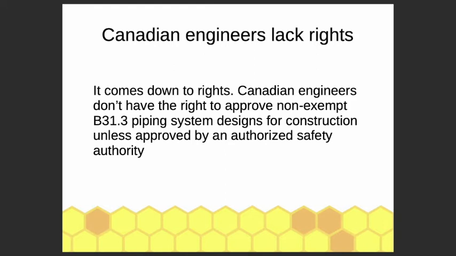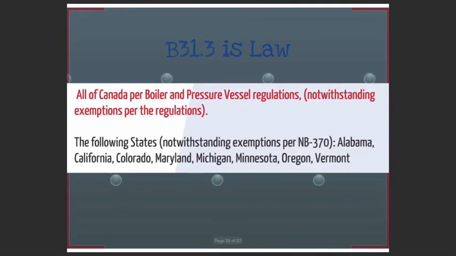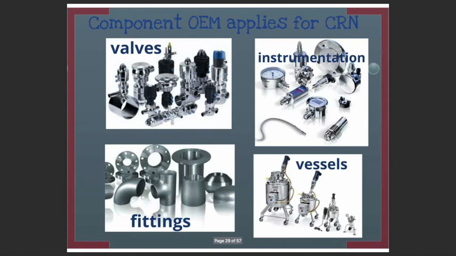This is law in most states of the United States. In Canada, this is law for piping systems, not only power but process piping systems, and it's law for fittings as well. Now, in Canada, like I said, B31.3 is law everywhere, and in the States it's not law in too many places.